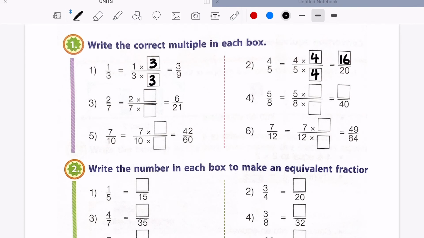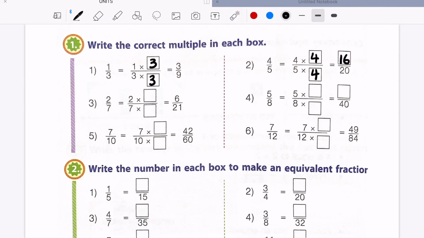Number 3. 2/7 times what equals 6/21. So we see 21 here. 7 times what equals 21?